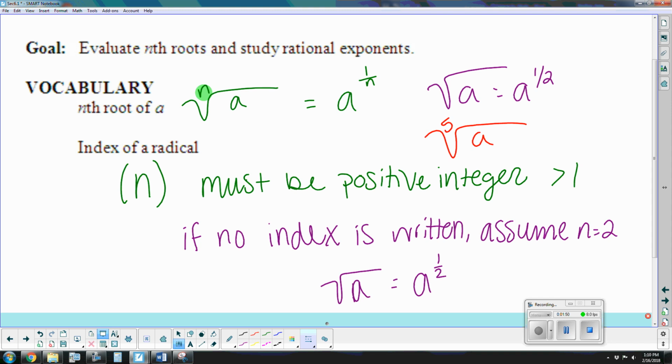The 5th root of a equals a to the 1/5 power. So for any positive integer n that's greater than 1, we can take a root of a. If there's no root listed, like in this first example, no n value is listed, we're assuming that the root is 2, which is the square root.